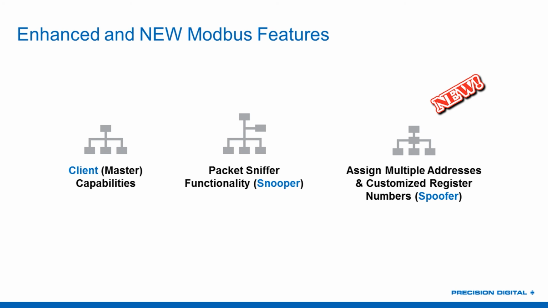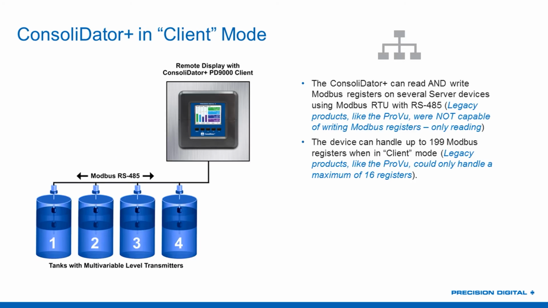The first one we're going to take a look at is client mode. As a reminder, the client is the one that's requesting the information. It used to be called the master. So the ConsoliDator Plus in client mode can read and write Modbus registers to several server units.